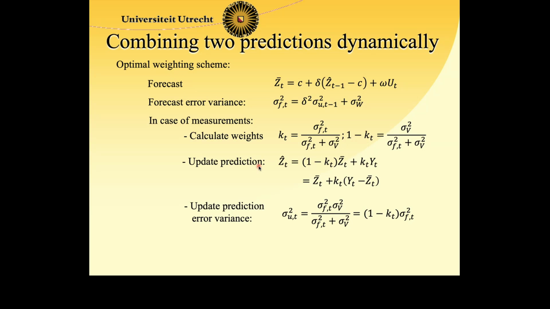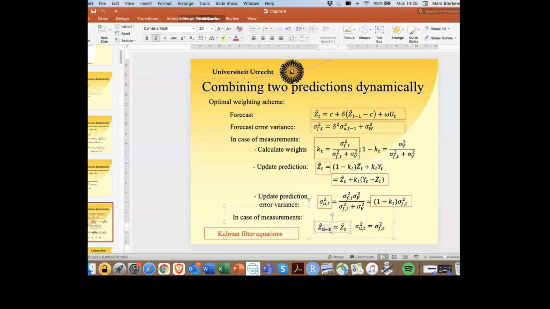Now, in case we do not have a measurement at time t plus 1, then we simply set, oops, there's an error here. Let me see if we can change this.